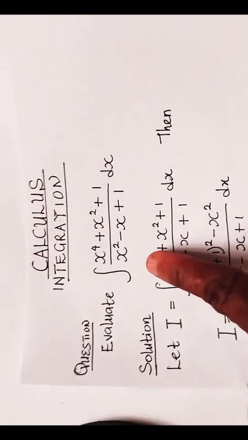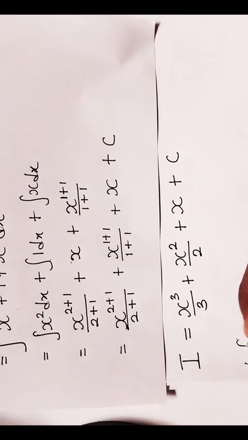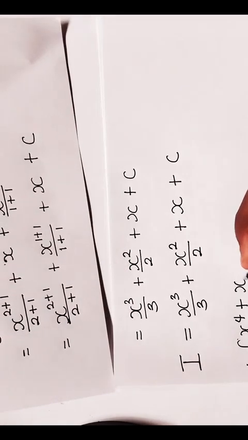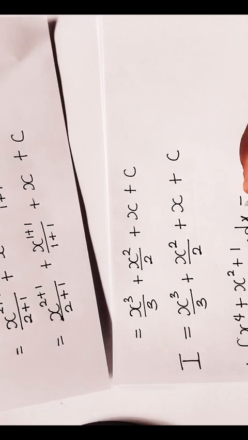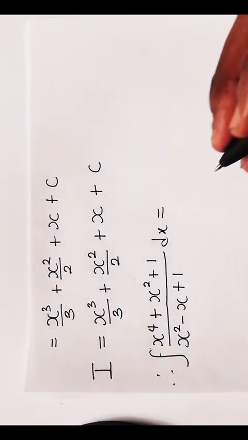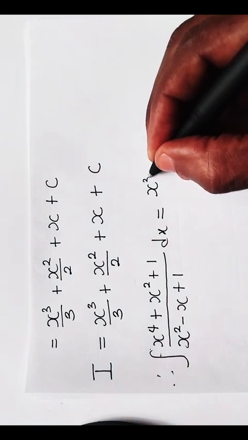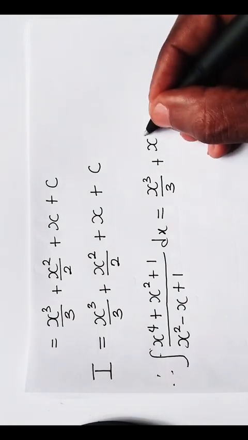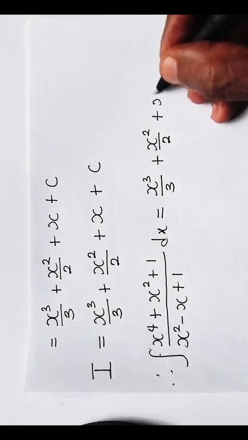We are asked to evaluate this, and we are representing it as our I. Therefore, the integral of x^4 + x^2 + 1 all over x^2 - x + 1 dx is equal to what we got as our answer: x^3 all over 3 plus x^2 all over 2 plus x plus c.